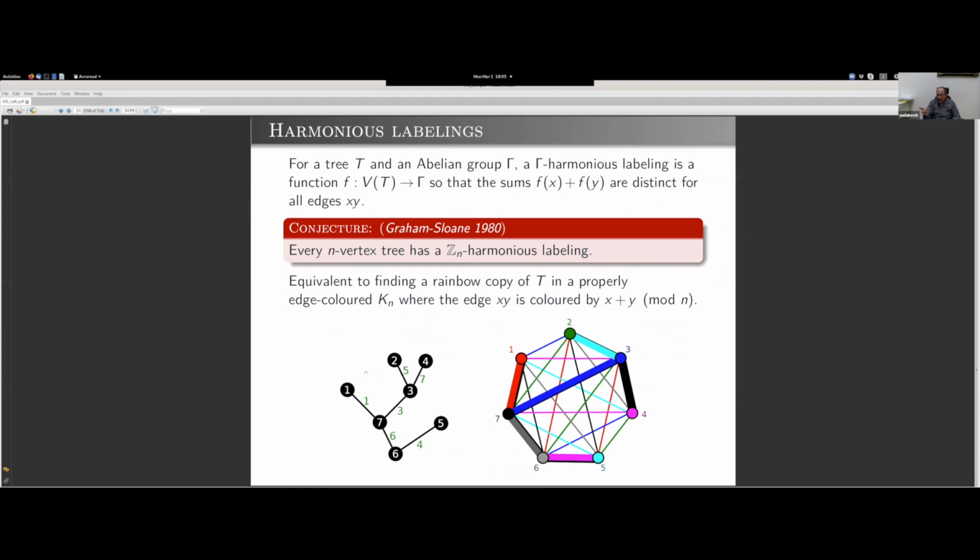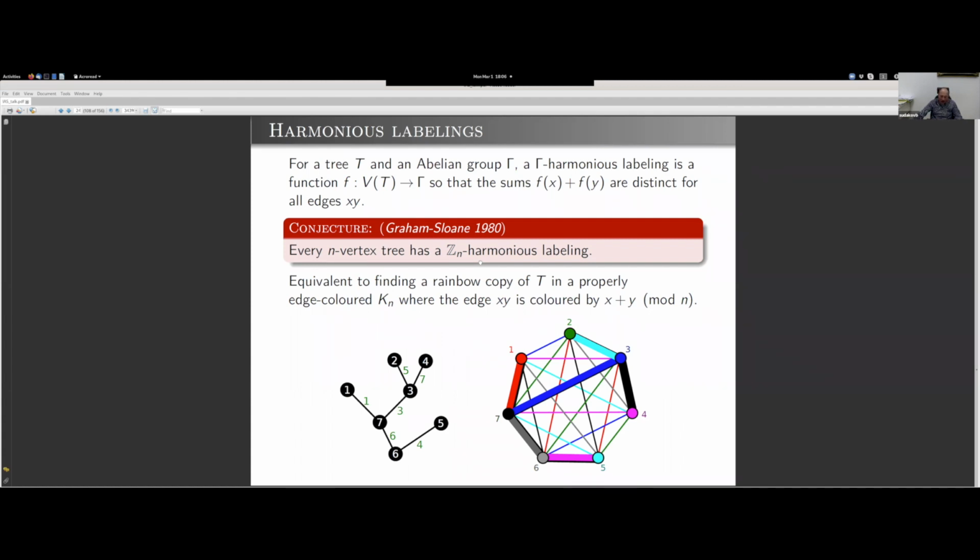So finding a rainbow copy of a tree in this particular coloring would answer the question of Graham and Sloan. Now here you can say that if you think a little bit, the question itself already kind of sounds like a problem about rainbow copies of the tree in some coloring. So this is not so surprising, and I indeed will agree with you.